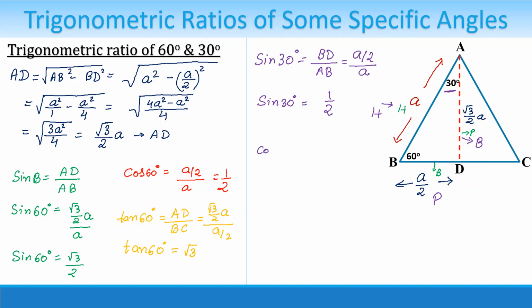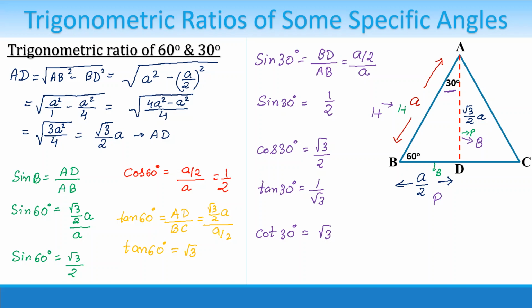Same way we can calculate cos 30° also, that will come out to be root 3 by 2. Same way tan 30° will come as 1 by root 3. If I want to calculate say cot 30, it will come as root 3. So in this way you can calculate the value of all the trigonometric ratios which are required to be calculated for a particular angle.